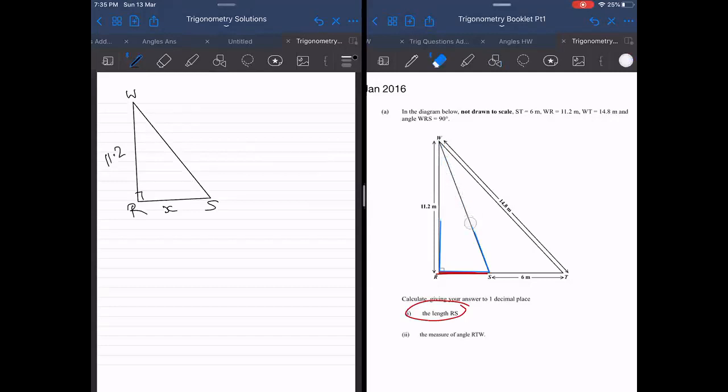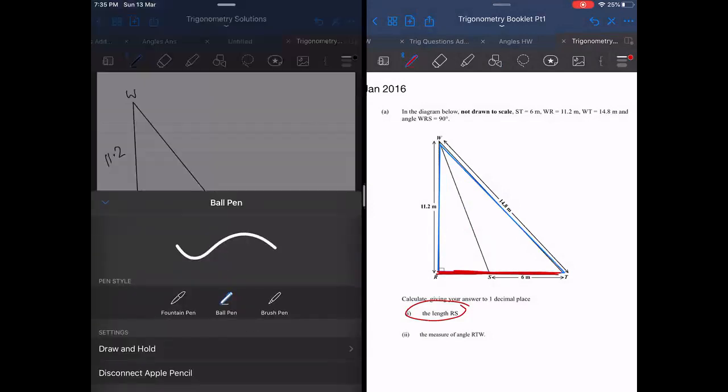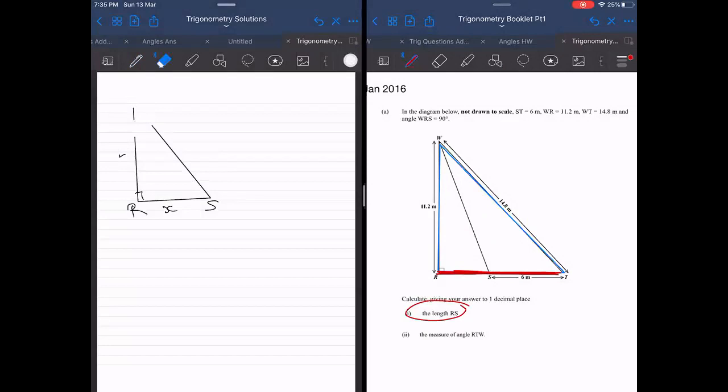So how does Pythagoras theorem help us in this case? We can look at the big triangle instead. I would be able to find the length of all of down here, which is RT.